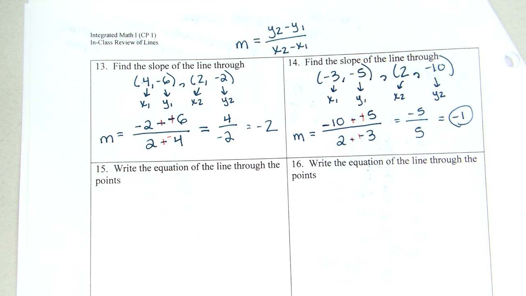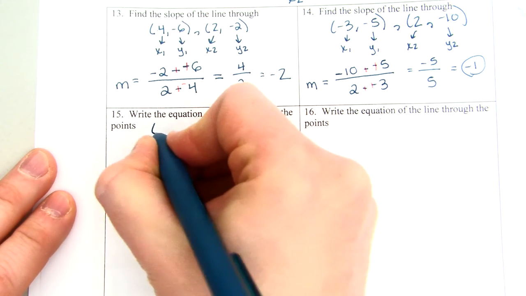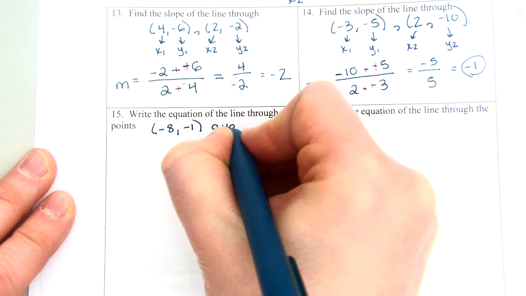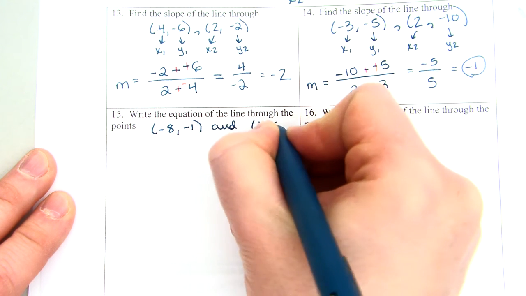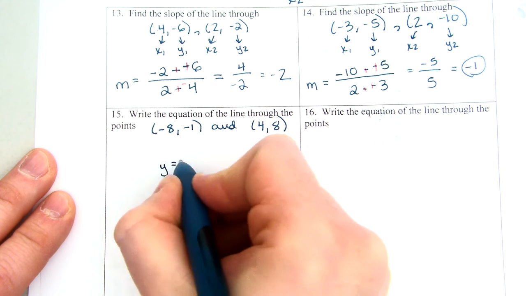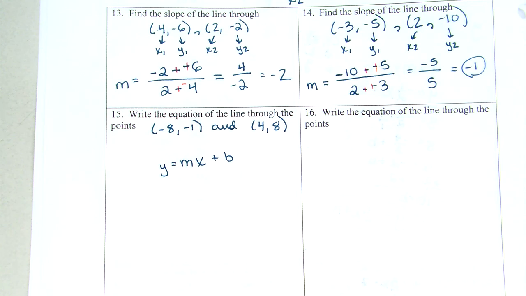Okay. Next thing we did was equations of lines where I don't tell you the slope. Let's do the equation of a line that goes through negative 8, negative 1, and 4, 8.